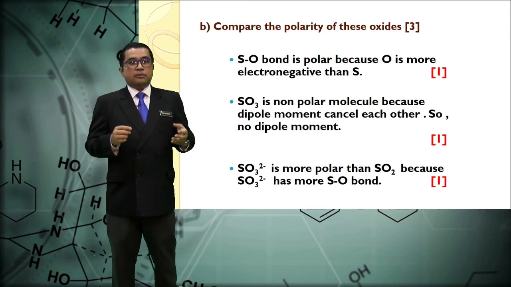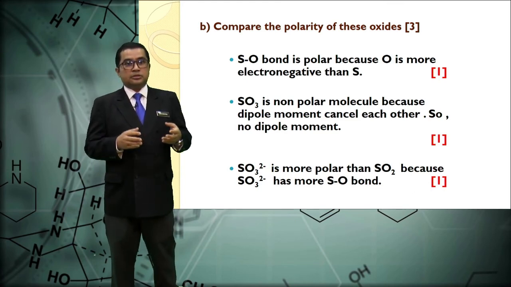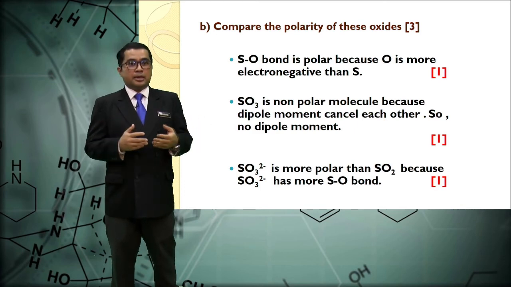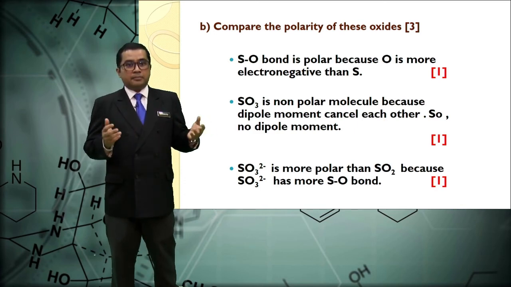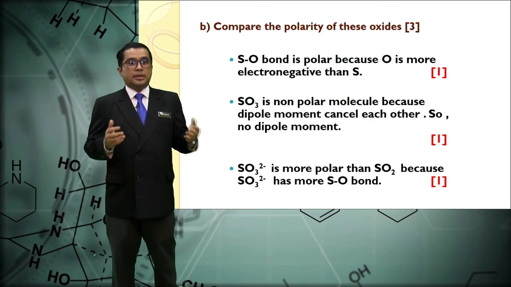Then we go to the second one, SO3. You have to determine whether SO3 is polar or non-polar. From your diagram, we can say that SO3 is non-polar. Why is SO3 non-polar? SO3 is a non-polar molecule because the dipole moments cancel each other.